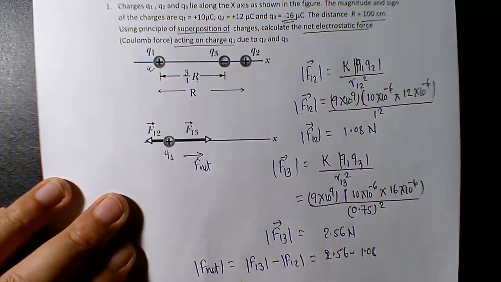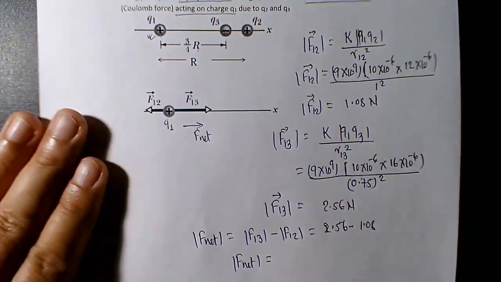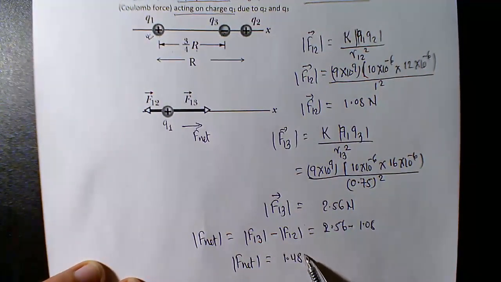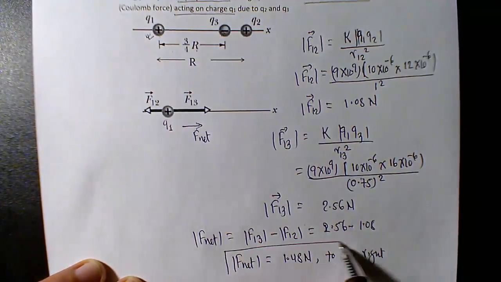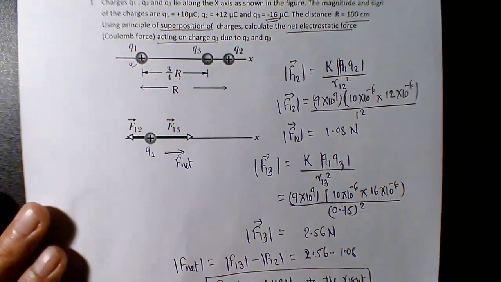So the net force acting on charge Q1 due to the presence of Q2 and Q3 is 1.48 newtons. What's the direction? To the right, because F13 is stronger. So that's how you solve it.